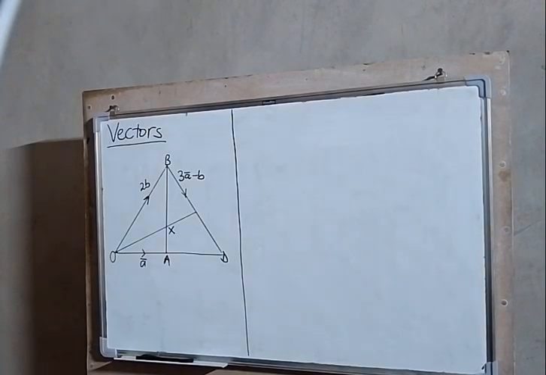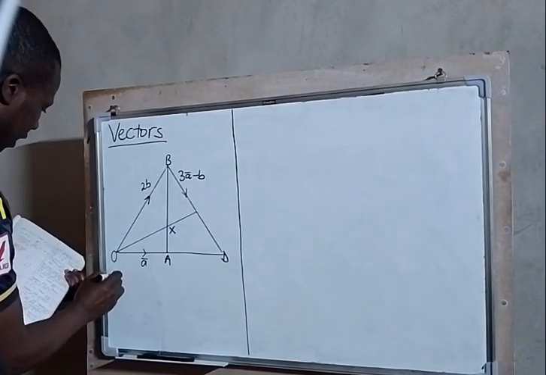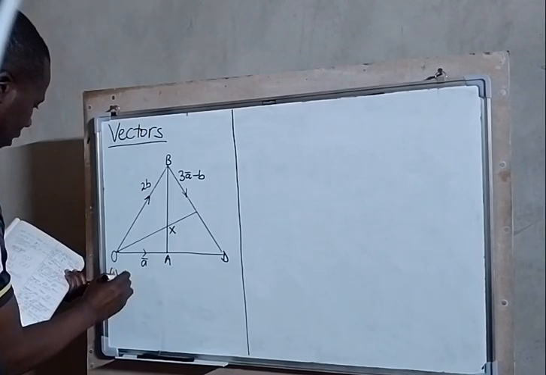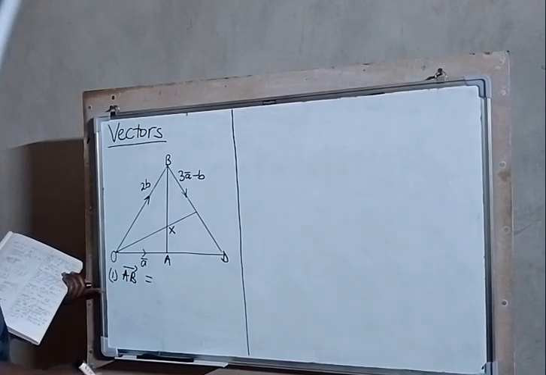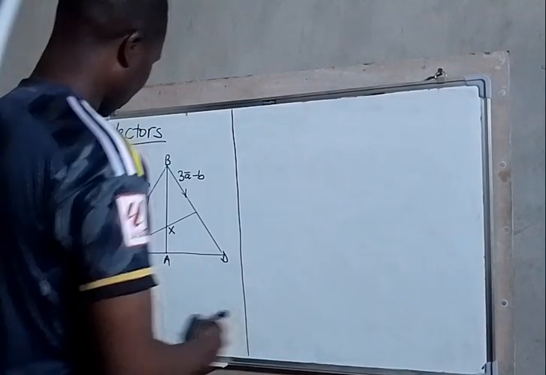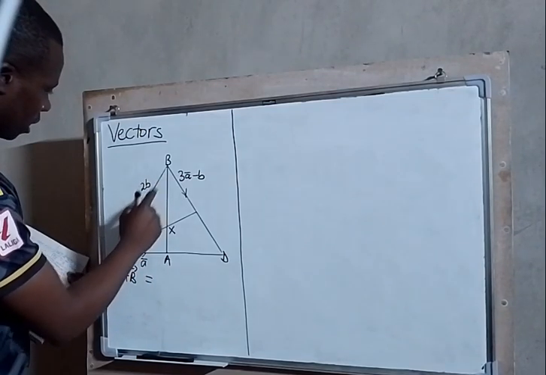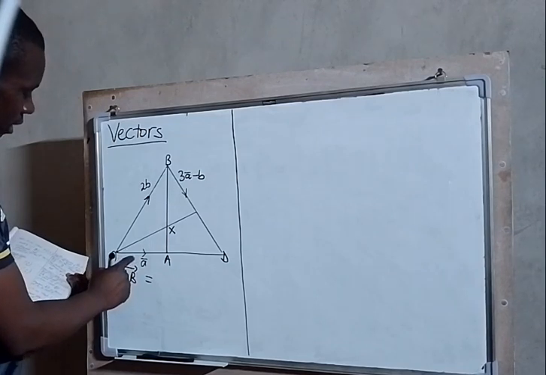Now the solutions to our problems. So we have item 1. We want to calculate vector AB. So vector AB, we are now writing the route. This is vector AO plus vector OB. Now we are reversing the direction sign.